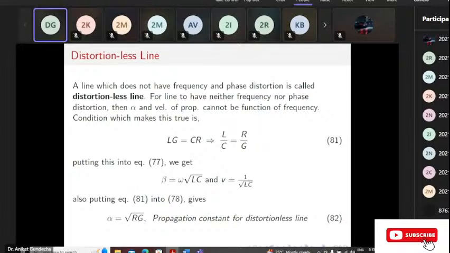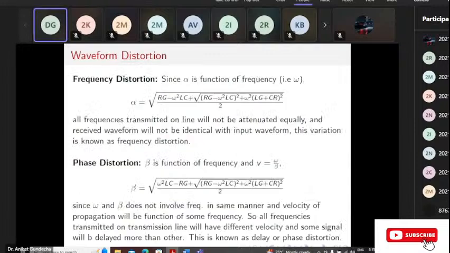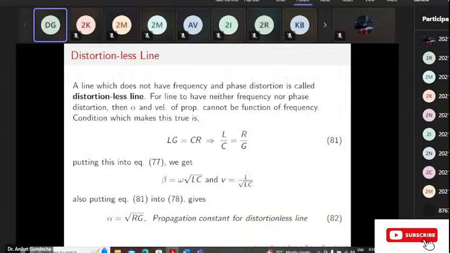Similarly, if you put this condition in the equation for phase constant, that is beta, you will get the condition for beta for a distortionless line, which is omega root LC. So when you are deriving a condition for distortionless line, you have to define what exactly a distortionless line is, followed by the condition.